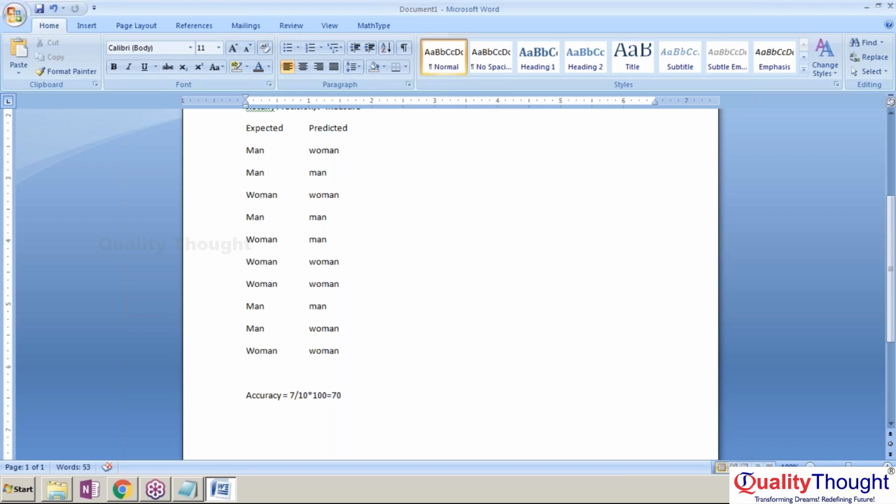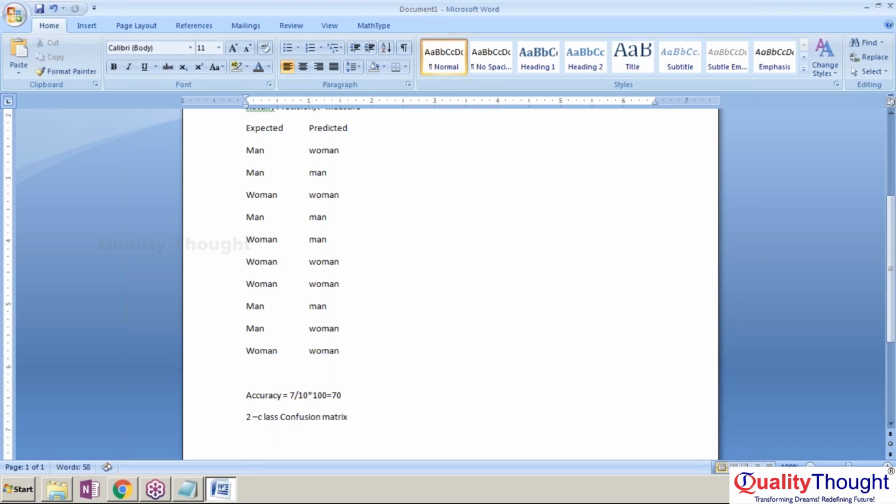Here we need to understand a few more things, like how many times men were classified as women and how many times women were classified as men. The arrangement of these values is considered a two-class confusion matrix.